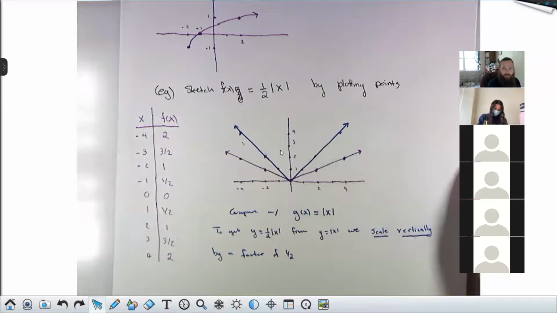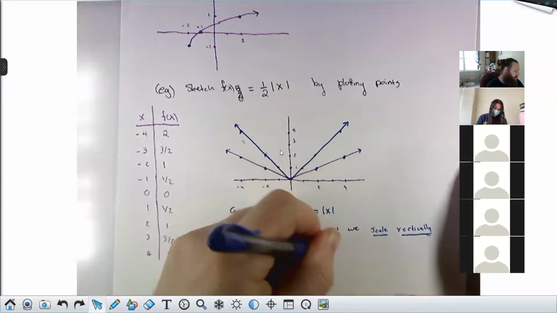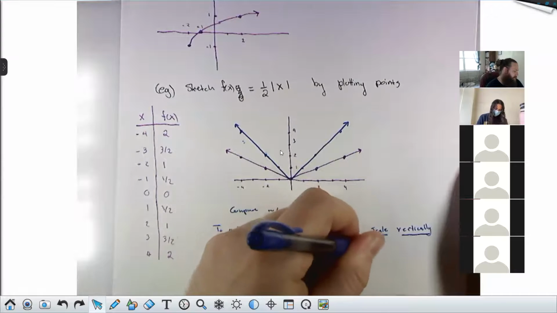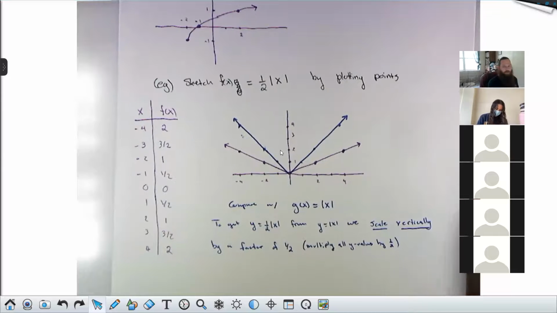What this means is that you multiply all the y values by 1/2. So you take all the y values on the graph of the blue function, multiply them by 1/2, keeping the x values alone, leaving them the same. That will give you the graph of the purple function. This is called a vertical scaling.